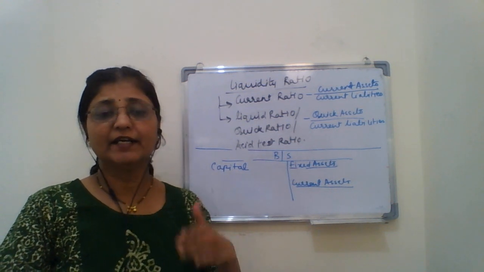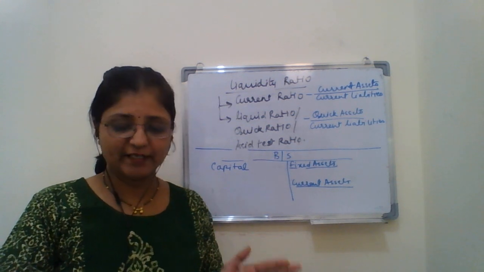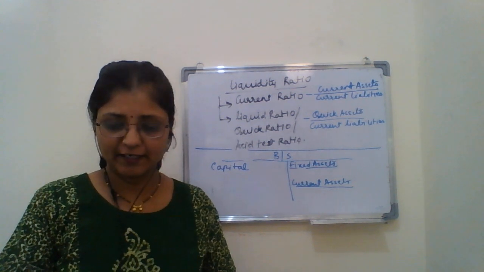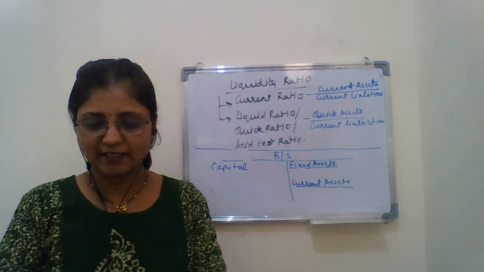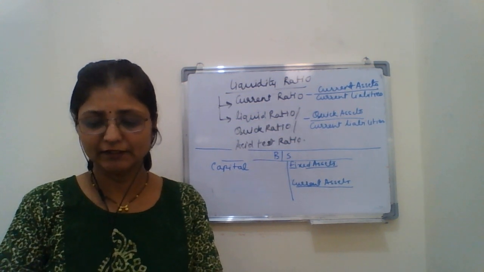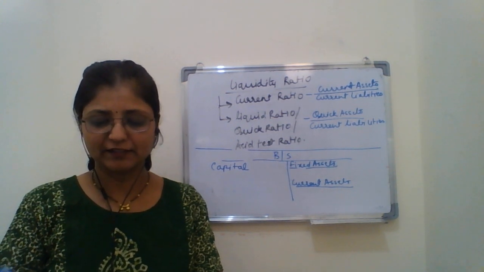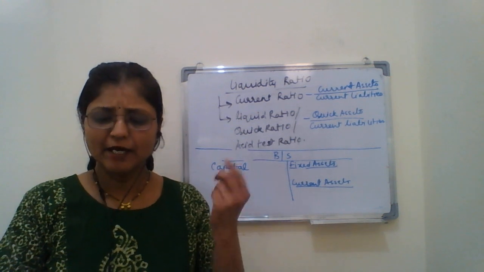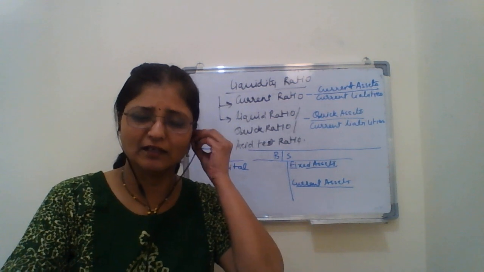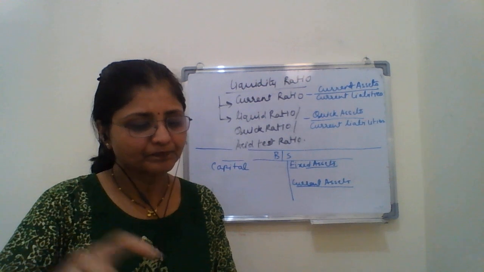They include short-term borrowings, trade payables, other current liabilities, that is current maturities of long-term debts, interest accrued but not due on borrowings, interest accrued and due on borrowings, outstanding expenses, unclaimed dividend, calls in advance, etc., and short-term provisions. Basically short-term borrowings, trade payables and short-term provisions are mostly used for the calculation.